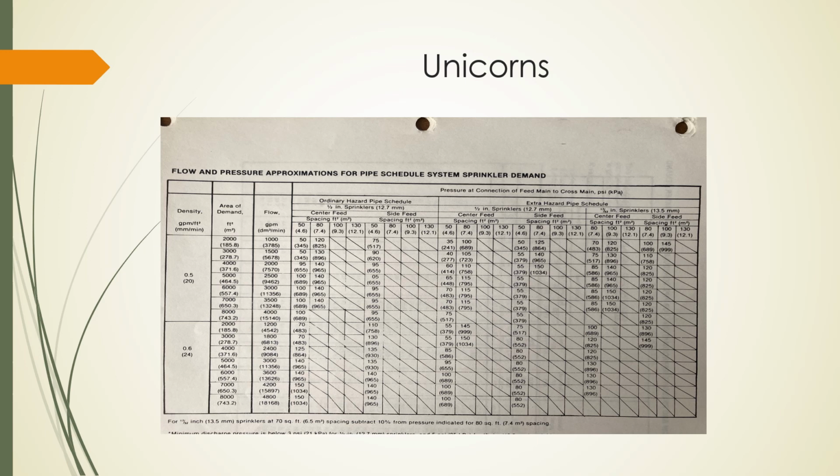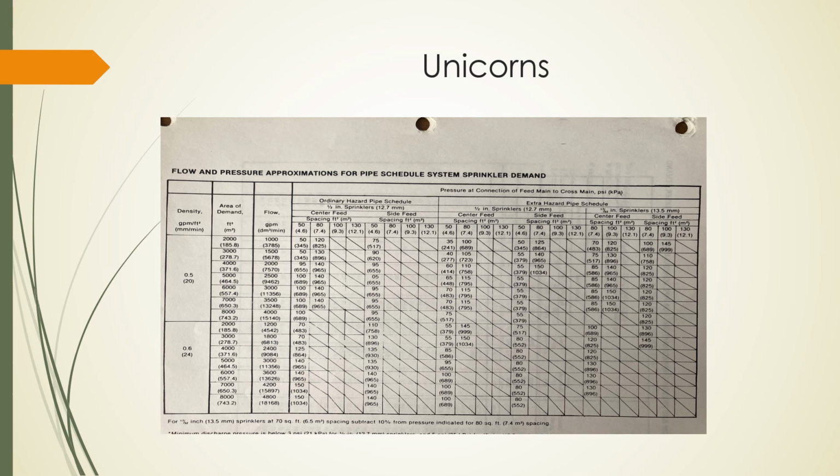And I call it unicorns, and that's because it's unlikely, although this slide from FM datasheet 2-77 does indicate that it is possible to obtain really significant sprinkler designs of 0.5 and 0.6, which are much higher than the 0.28 that we were talking about with ordinary hazard pipe schedule systems, with center fed pipe schedule systems. And that would be based on the head spacing for the most part.